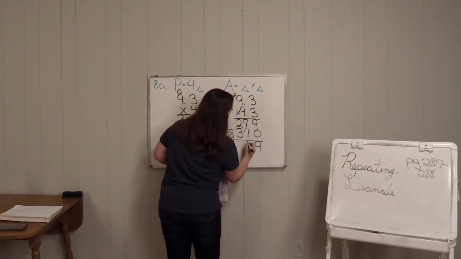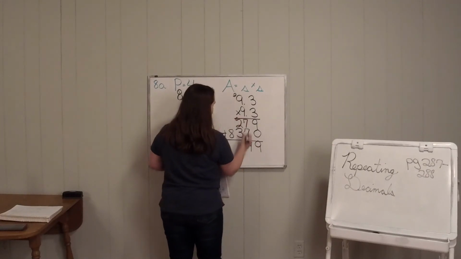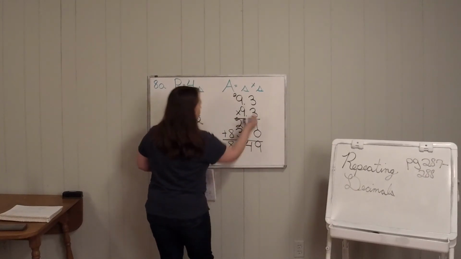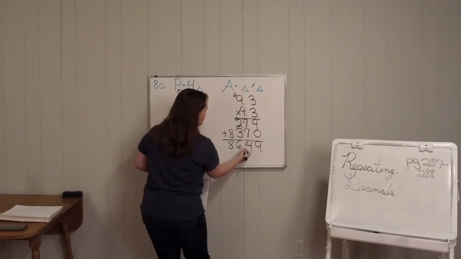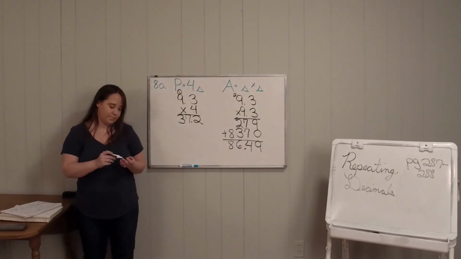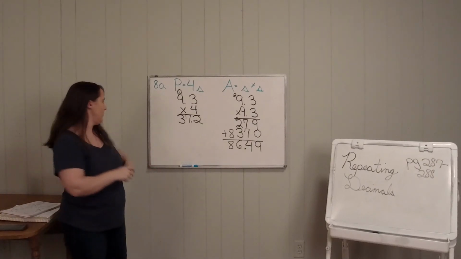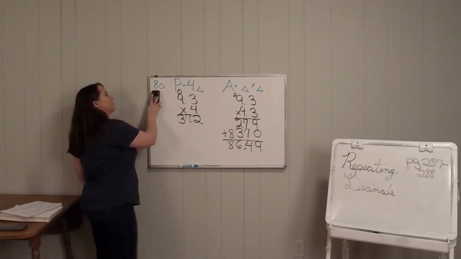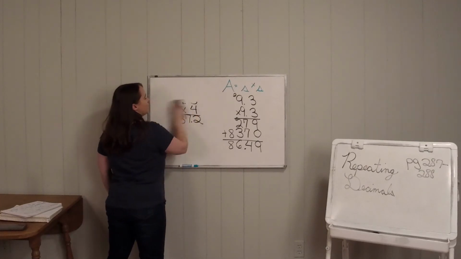There's two numbers behind the decimal. That's the area. Okay?